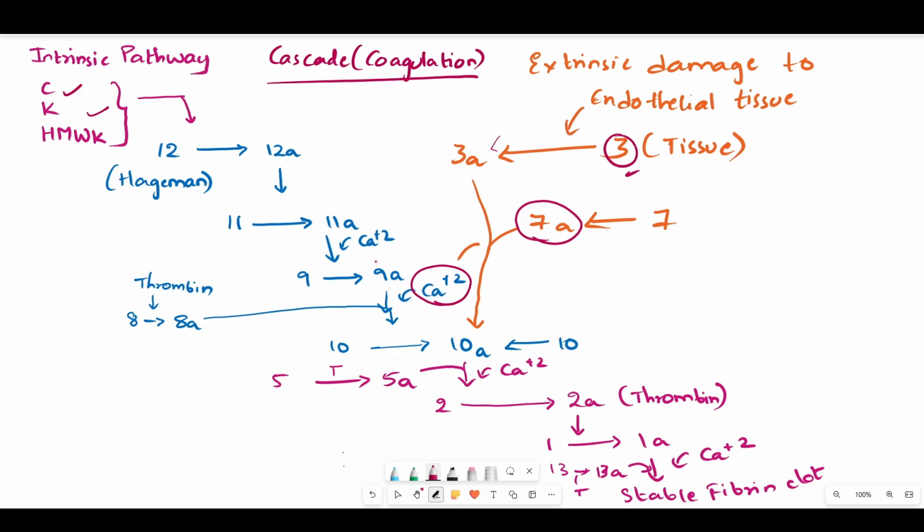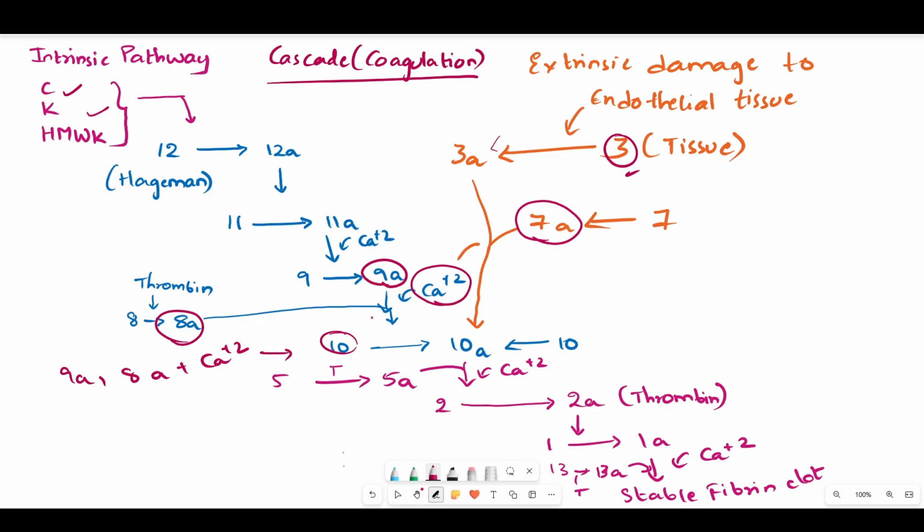With the help of calcium molecule, 9 is again converted to 9A. When these two factors are activated with the help of calcium, we have factor 9A, factor 8A and a calcium molecule. So 9A, 8A and calcium together will form a complex in order to activate factor 10 to 10A. So that is all about the intrinsic pathway.